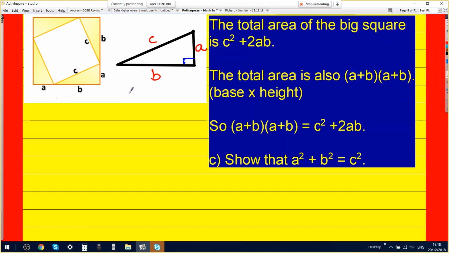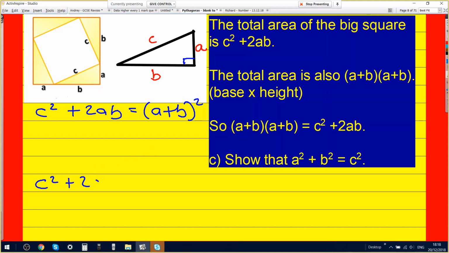Okay, so we said everything on the left is the white one plus the 4 yellow triangles. So that's c squared plus 2ab. And we also know that the base is a plus b, the height is the same, a plus b. And so the total area would be a plus b times a plus b, base times height, or a plus b squared.